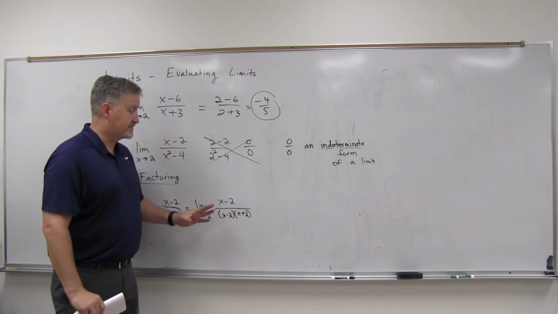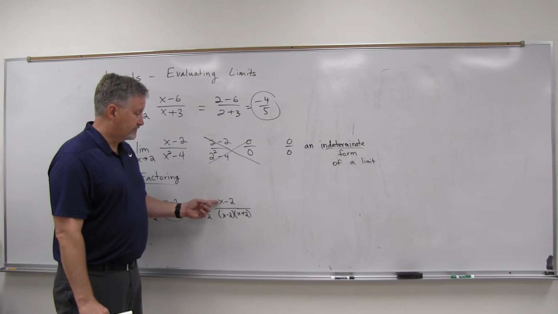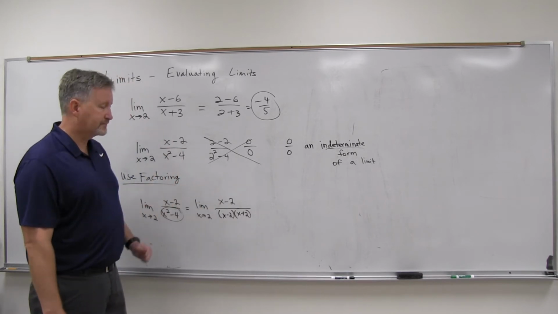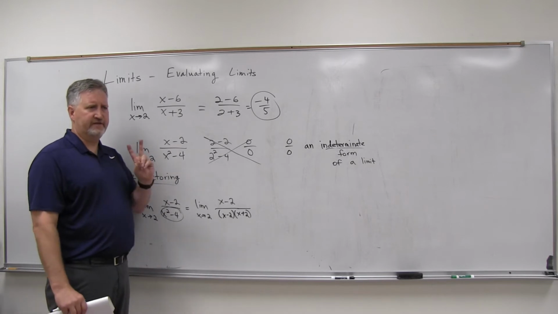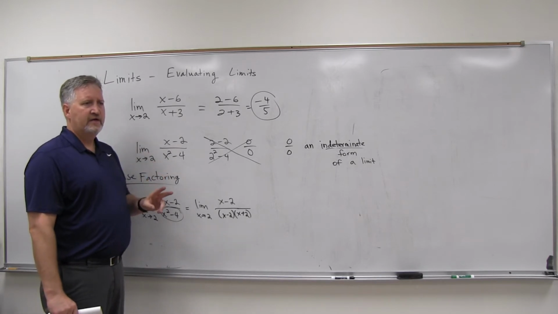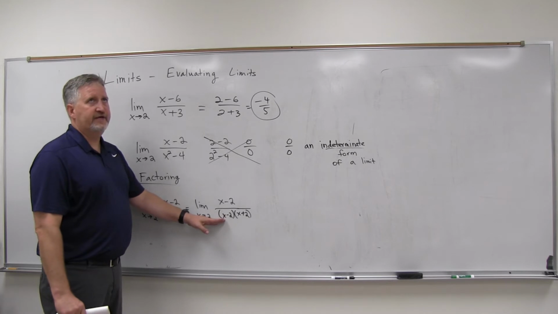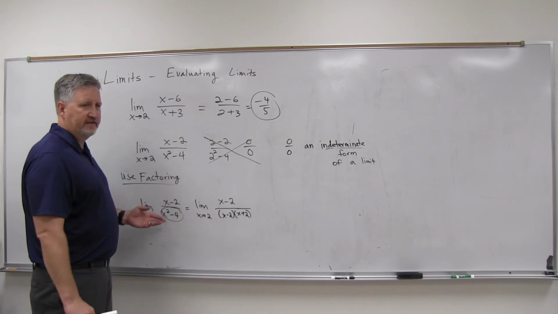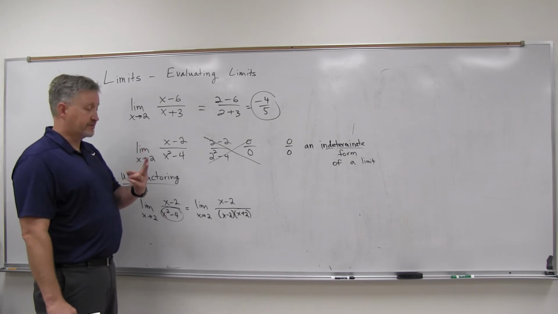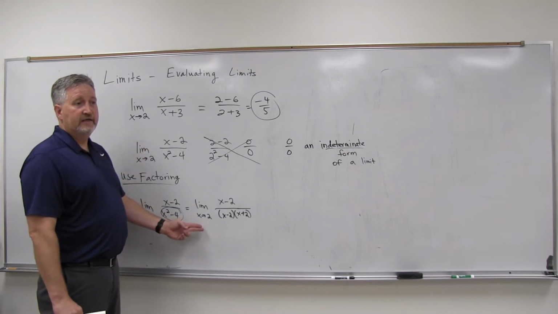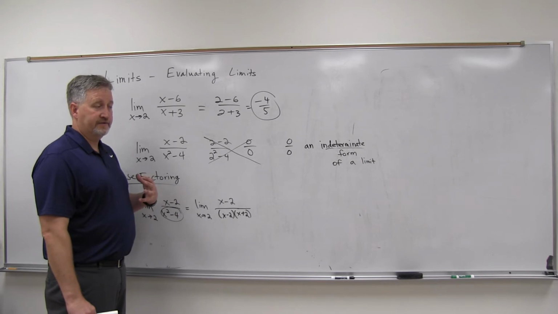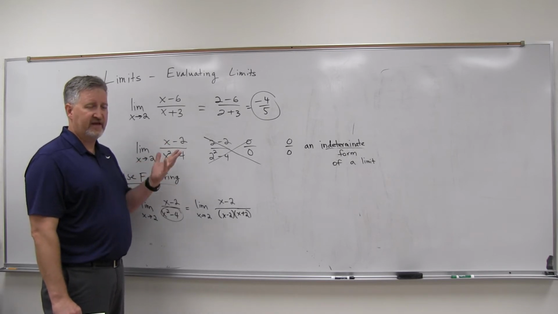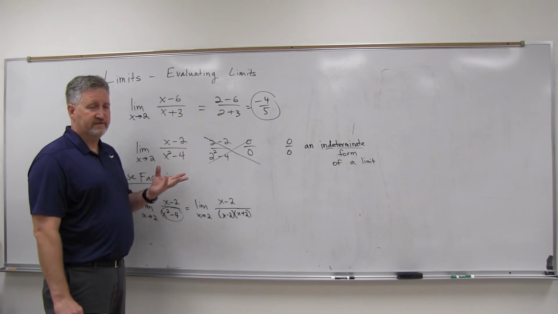Here we don't, because the point of concern there is x equals 2. It eliminates one of the undefined parts of this expression, but it's where x equals 2. And in limits, if you think back on tables, we don't really care what actually happens at x equals 2. So taking that out doesn't affect anything.